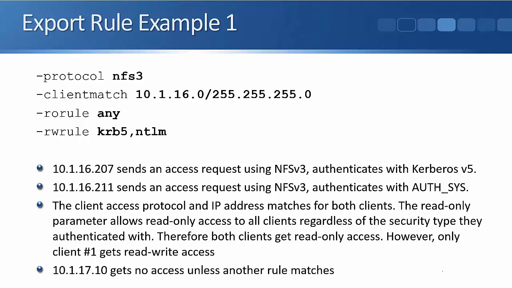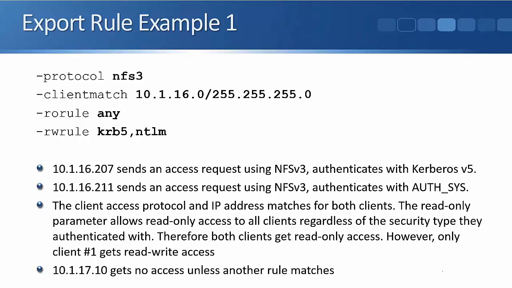They're both using NFS version 3, which is what we specified as a protocol in our rule, and they're both on the 10.1.16 network, which is what we specified in the client identifier. The read-only parameter allows read-only access to all clients that match the protocol and client identifier, regardless of the security type they authenticated with. Therefore, both clients will get read-only access.